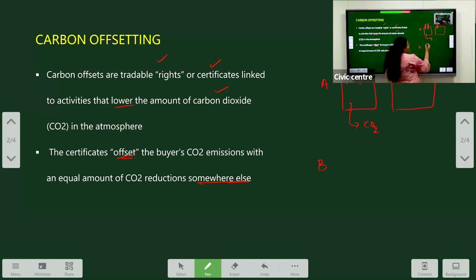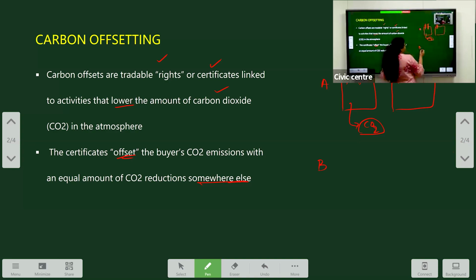A is not just not emitting any CO2 into the atmosphere, he is also sequestering the carbon dioxide. That is, sequestering is capturing the atmospheric CO2 and storing it for a longer period of time.